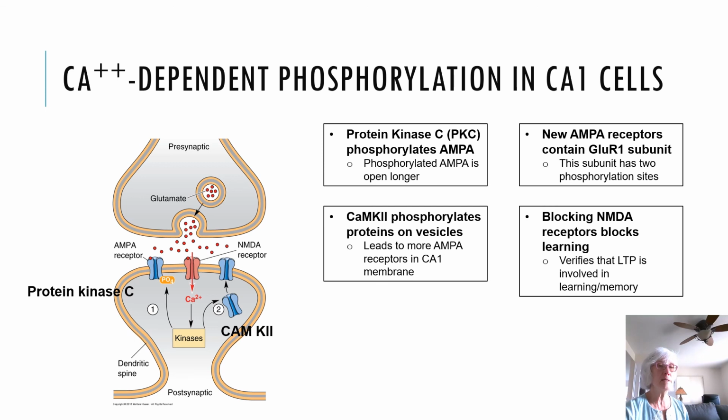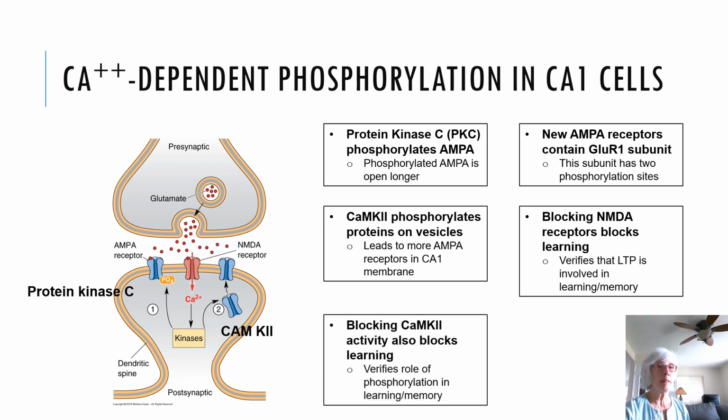This is the mechanism by which learning occurs. Blocking CAM kinase activity also blocks learning, so this tells us that it's not only the NMDA receptors, but obviously the AMPA receptors that are upregulated, so we get more of those in response to CAM kinase 2 that is associated with learning and memory.